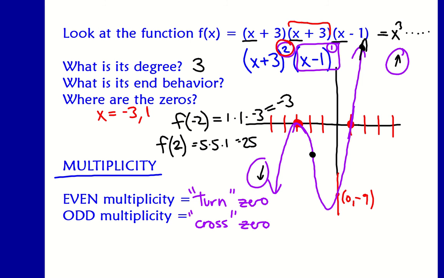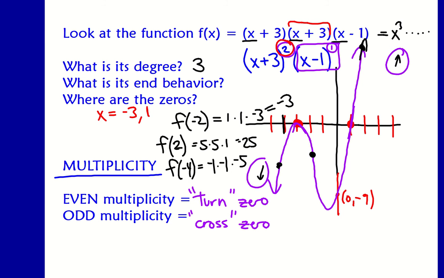Then I could do one on the other side of x equals -3 as well. So I could do potentially f of -4, and that would give me -1 times -1 times -5, which is -5 for f of -4. So I can do that, and that would give me clues as to where the direction of this polynomial is turning.